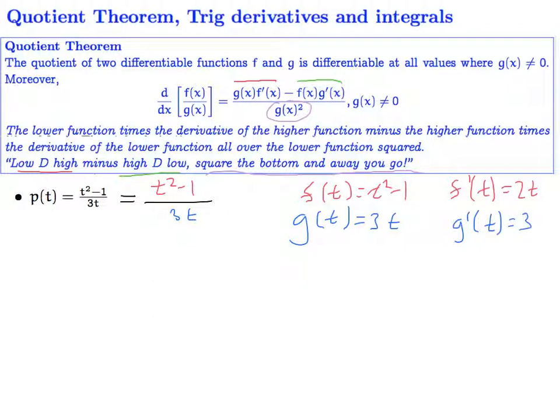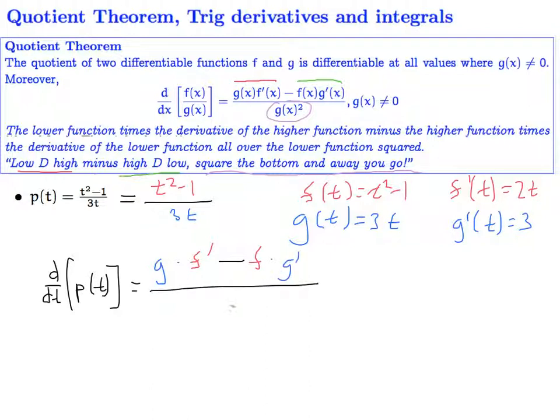And now it's a matter of putting things in the right place, because we have that the derivative of this function that's a quotient is going to be now, according to our theorem, g times the derivative of f minus f times the derivative of g all over our original function g squared.